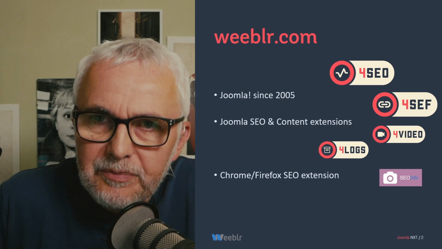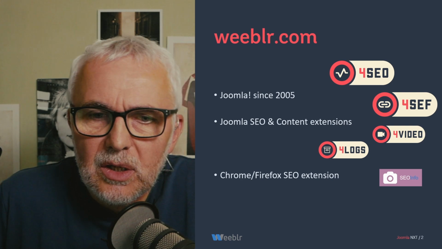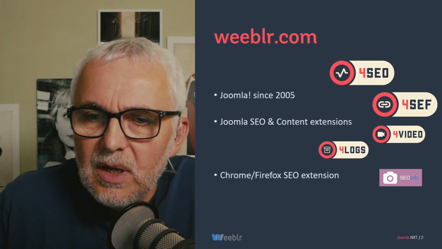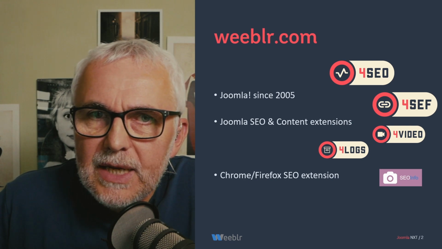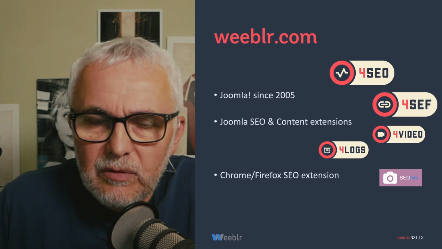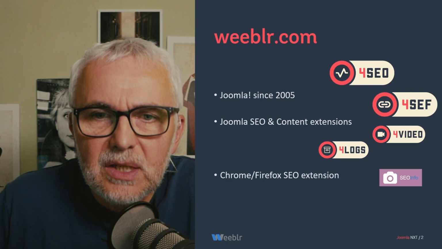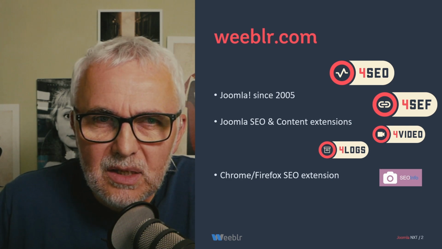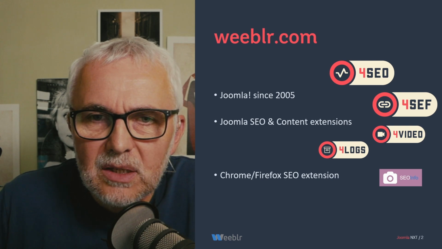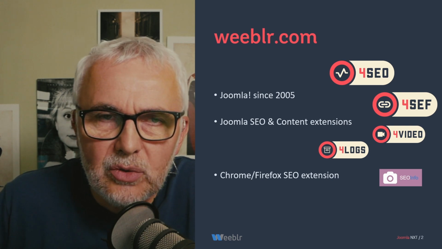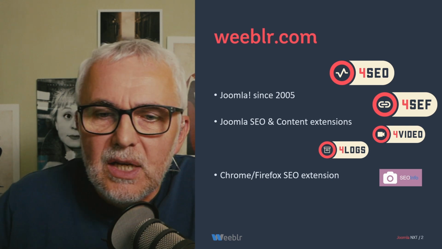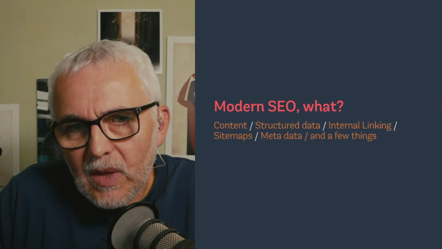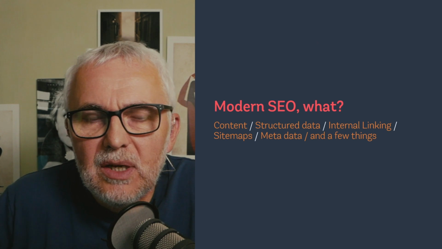We also have a Chrome and Firefox SEO extension that installs in the browser, called SEO Info, which provides a lot of SEO related information about pages, verifies that many things are correct inside pages and will alert you if something is not working.